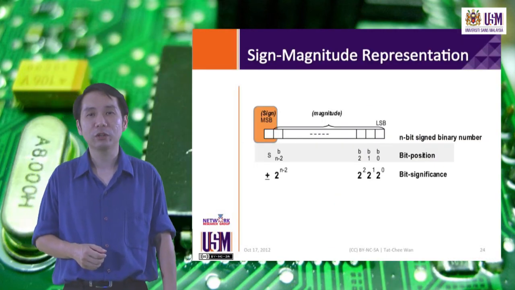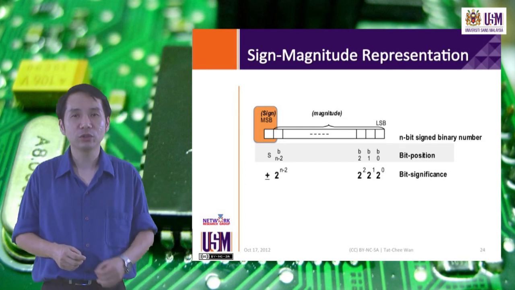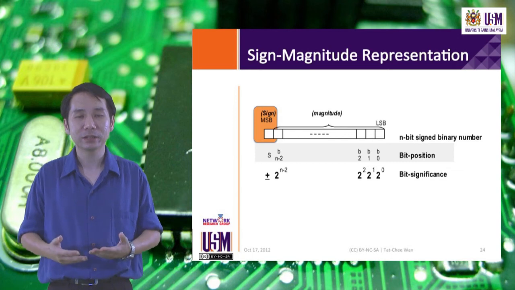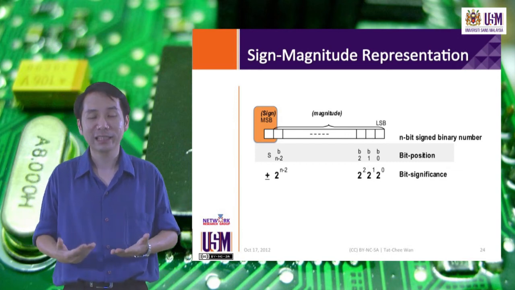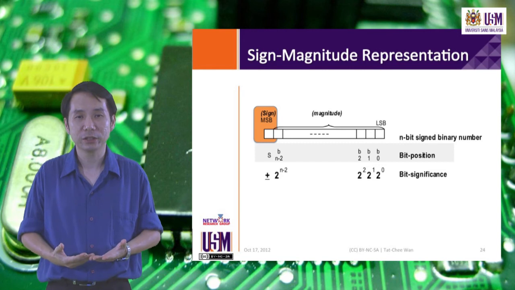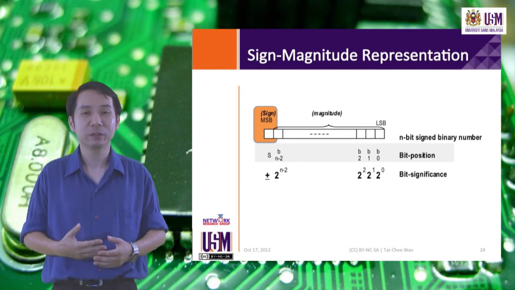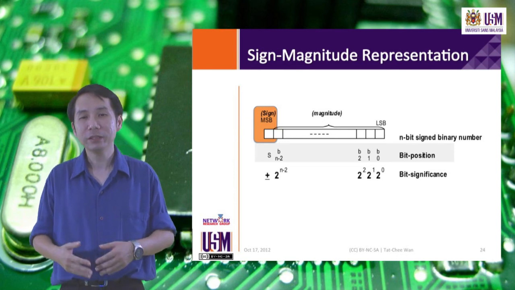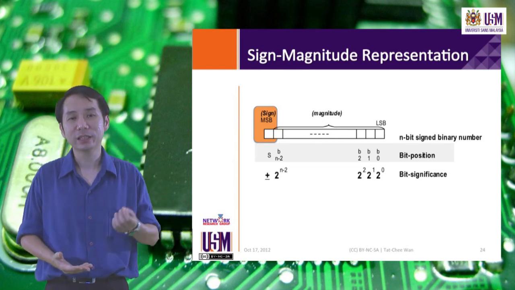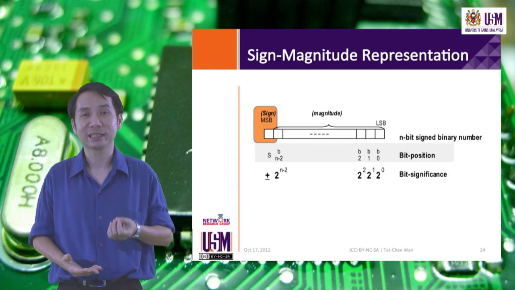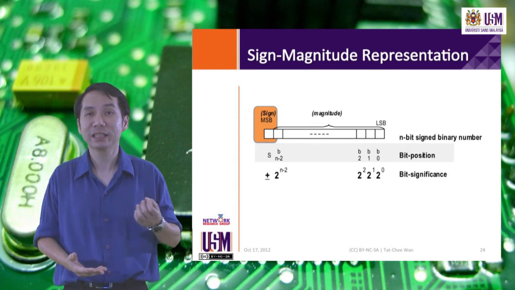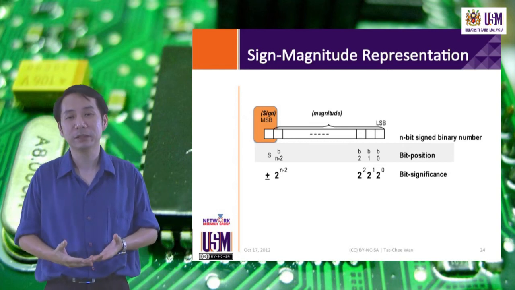Now that we know how to convert between binary, decimal, and hexadecimal values, we need to know how to represent positive and negative numbers in the computer. The first approach is called sign magnitude representation. Given a fixed number of bits, we take the most significant bit and use it as a sign bit. The sign bit indicates whether it's a positive or negative number.